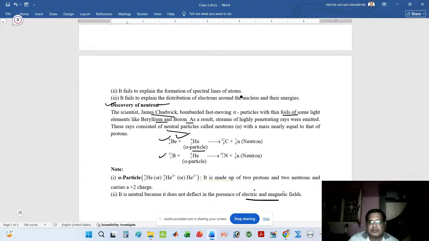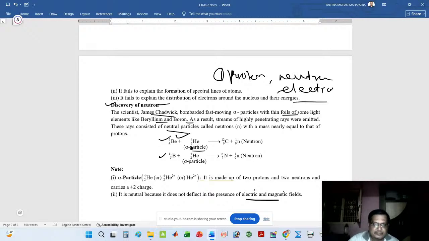But after the discovery of the neutron, the statement changed. Now we can say that when an atom undergoes breakdown, it gives three subatomic particles: proton, neutron, and electron. Three subatomic particles are present in the atom.